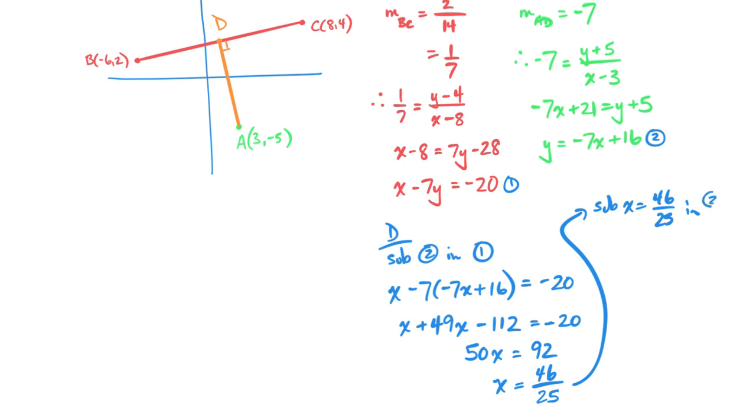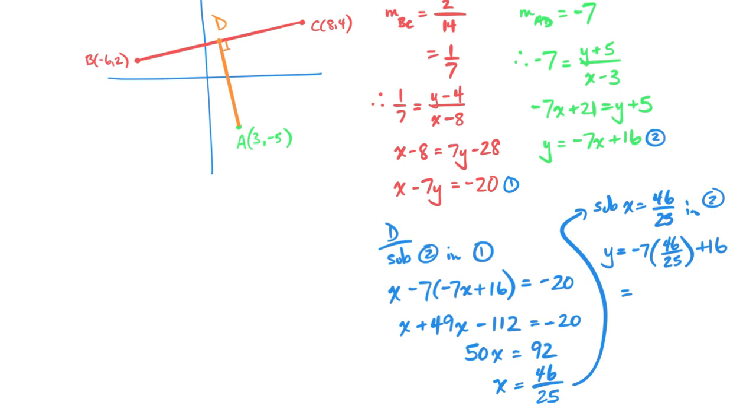And I'm probably going to sub it back into 2 because the y is already isolated. Well, that's going to get me y equals -7 times 46 over 25. Oh, this is going to get ugly. Okay, I'm going to get something nice and big. So I'm going to go ahead and calculate that 46.